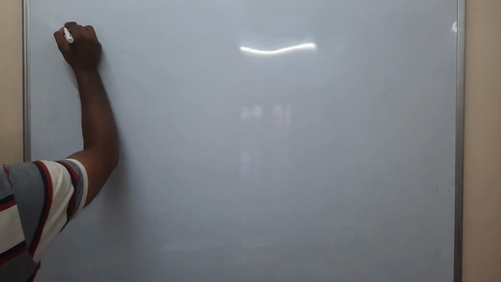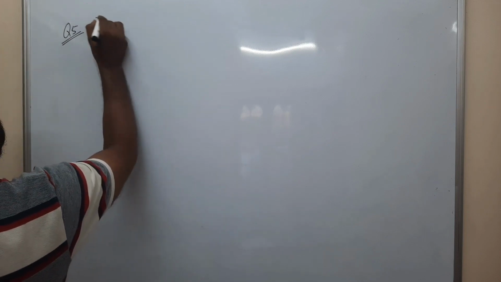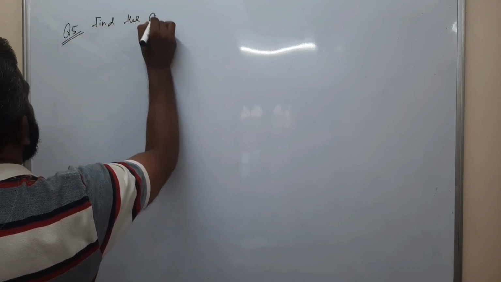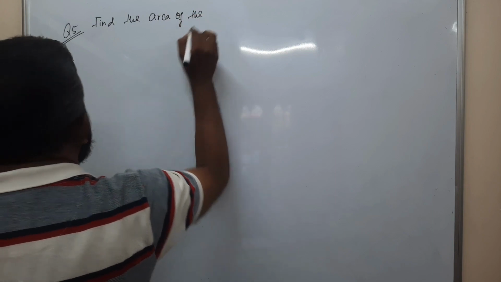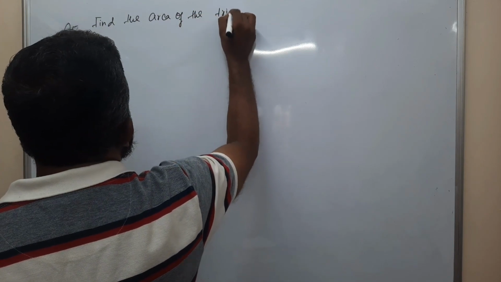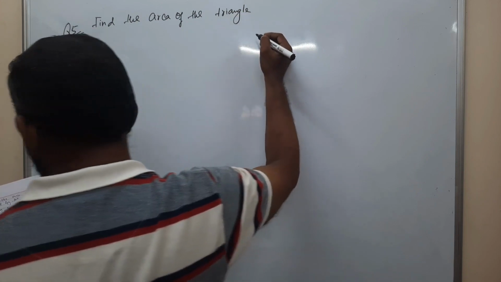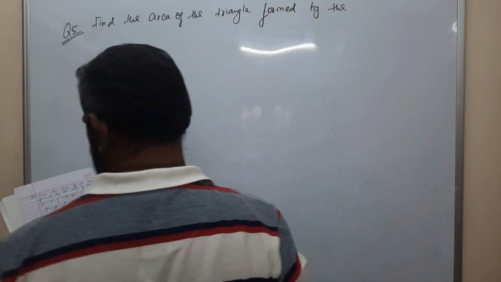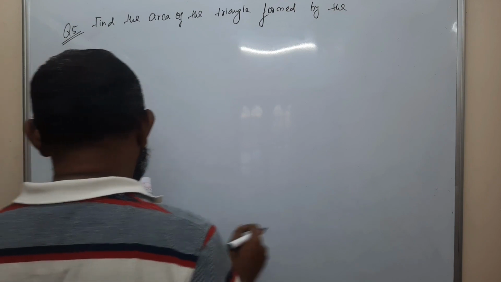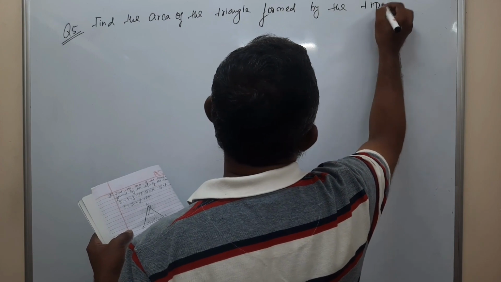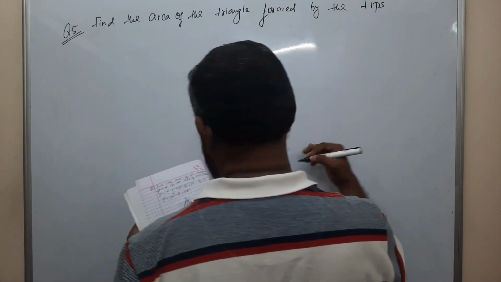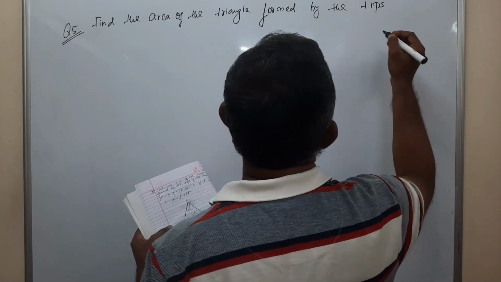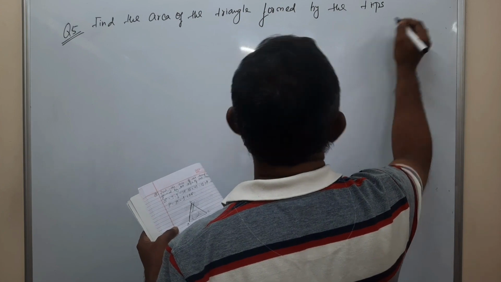So fifth question. Find the area of the triangle formed by the tips of the vectors.